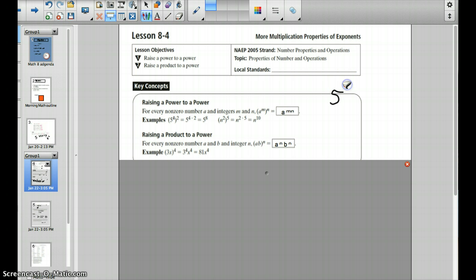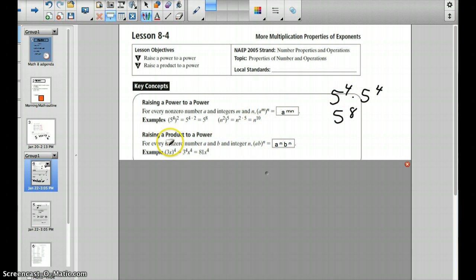Think back to our rules that we learned yesterday. If we are multiplying two numbers together and they have the same base, we can add their exponents, and so we get 5 to the 8th, which is also the same as saying 4 times 2.